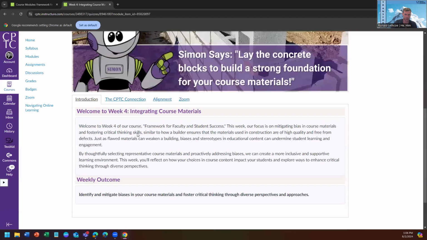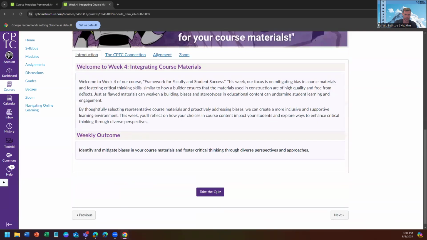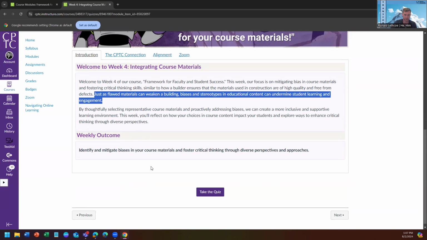So if we look here on the first page, I'll give you all a second to read this. I like this part here.